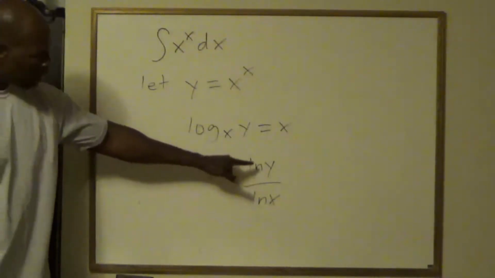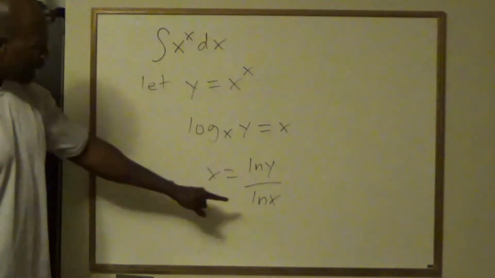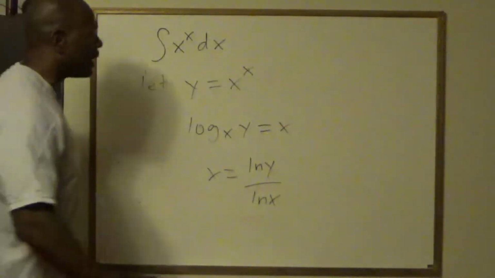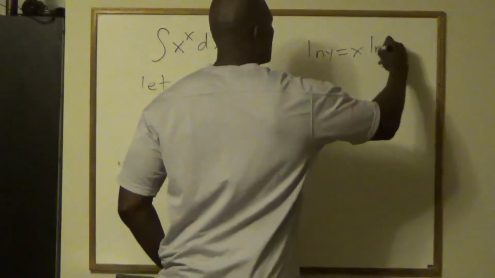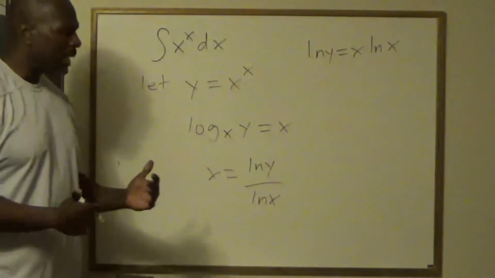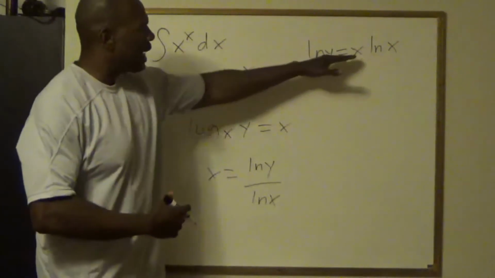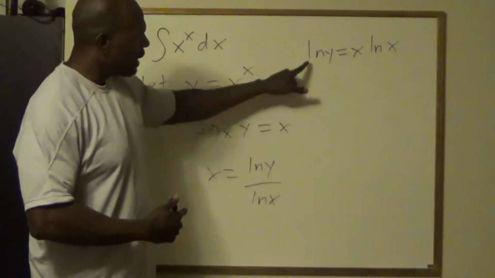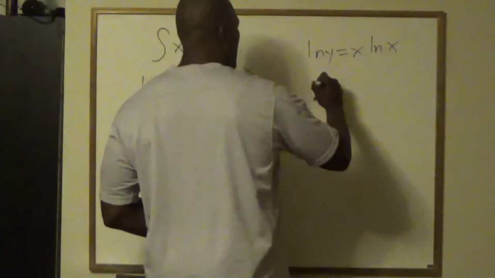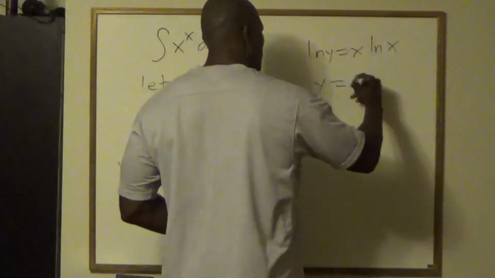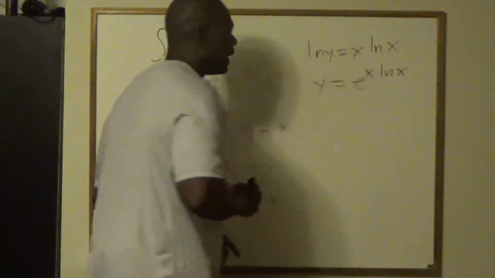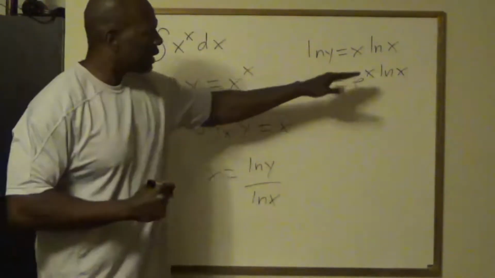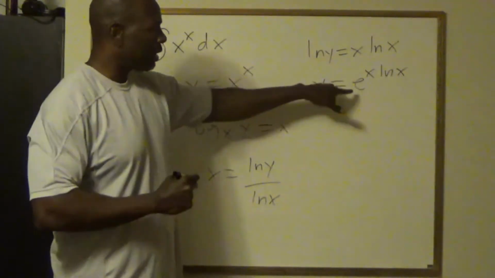Solving for ln y, it would be x times ln x. Then to put it back in terms of y, I make these exponents of e. e to the power of ln y would be y, and this would be e to the power of x ln x. So this is the form I'm looking for. This is a better form.